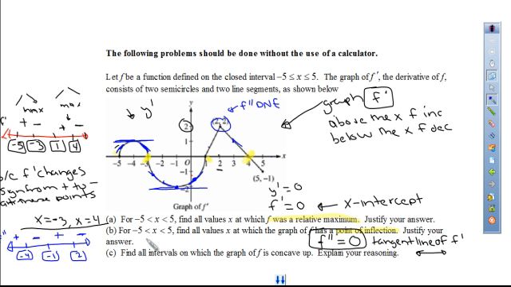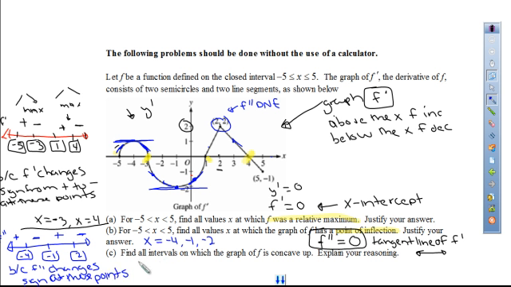So all of these are points of inflection. The points of inflection occur at -4, -1, and 2, and that is because the second derivative changes sign at these points.